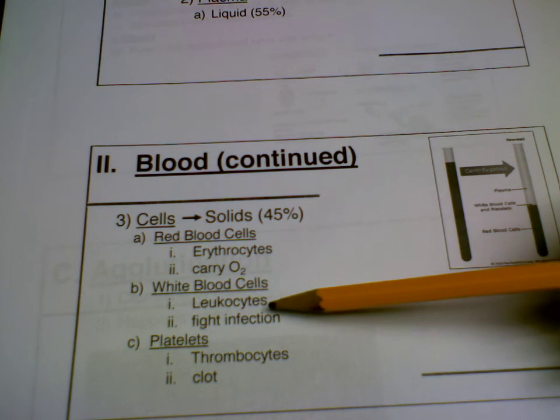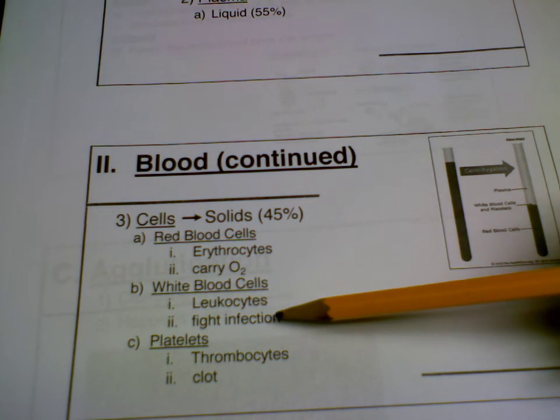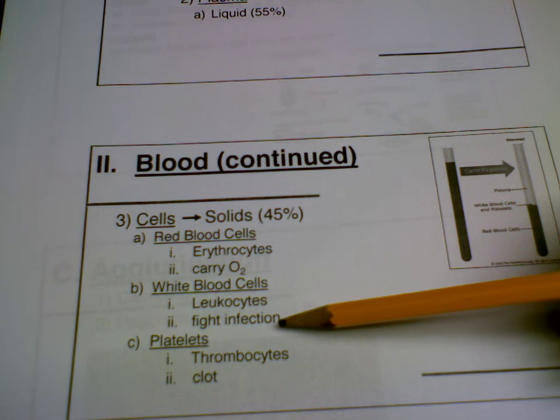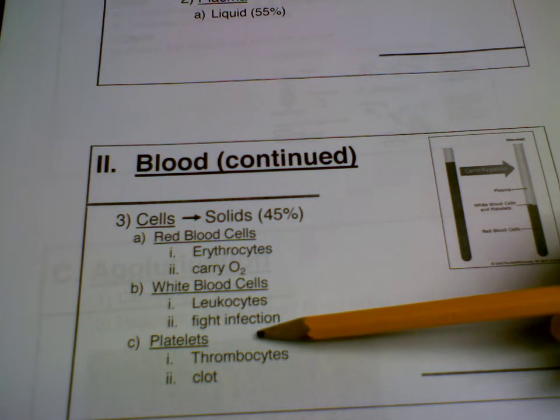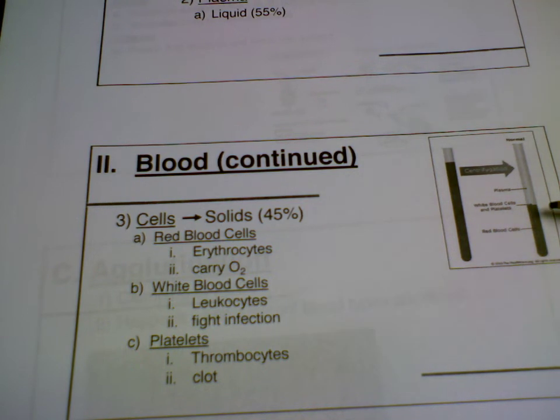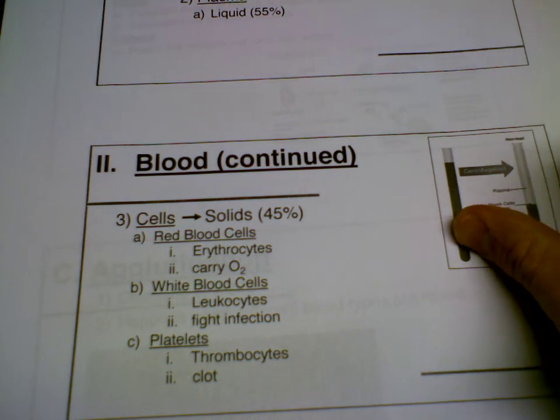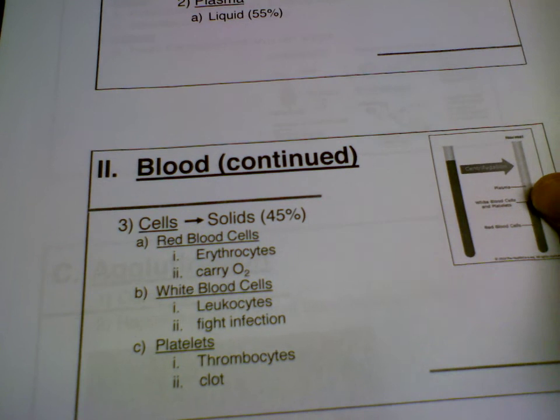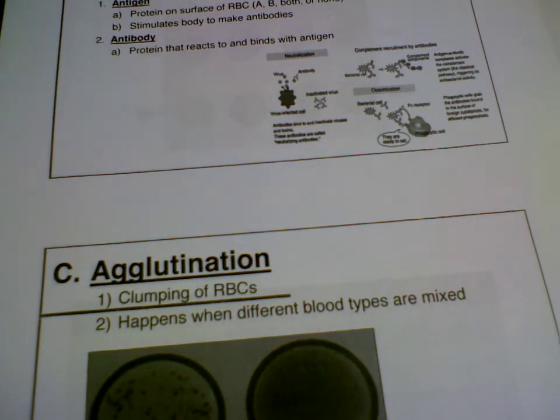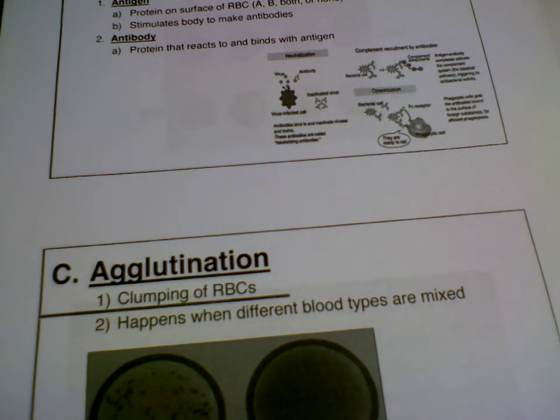White blood cells, also called leukocytes. Their function is to fight infection. And then we have platelets in our blood, also called thrombocytes. That function is for clotting, so we don't bleed out. When you get a scab or something and you're bleeding, it's those platelets that are helping you out.